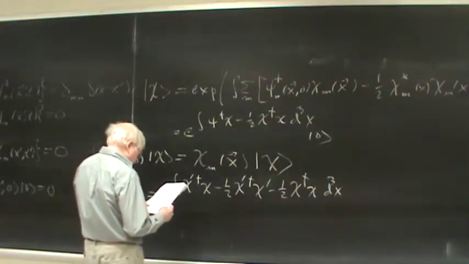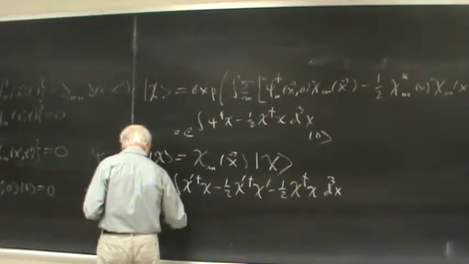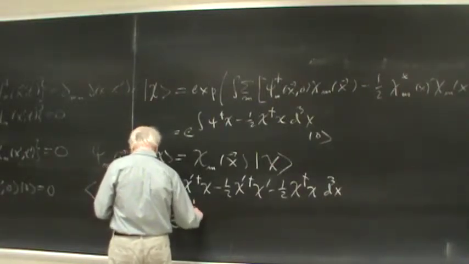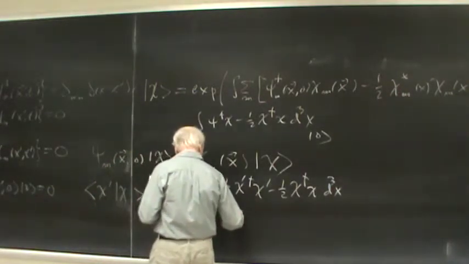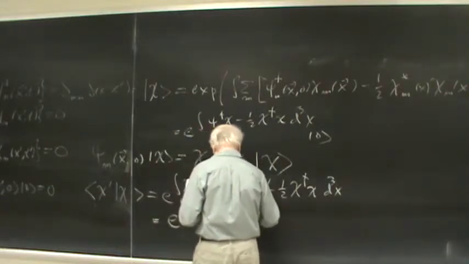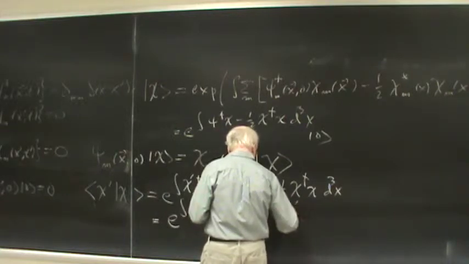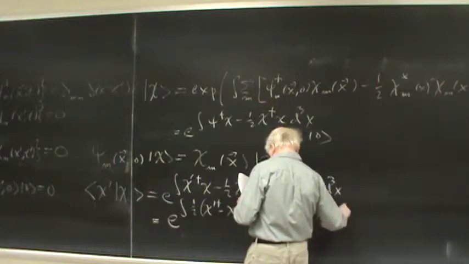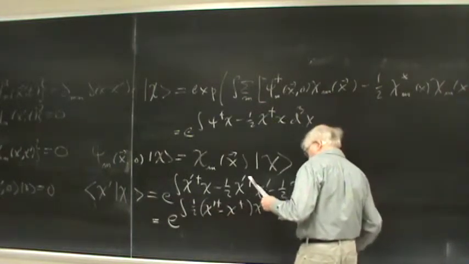One of the ways that you can rewrite it, and let me just mention that here, is e to the integral a half chi prime dagger minus chi dagger chi minus a half chi prime dagger chi prime minus chi d cubed x.